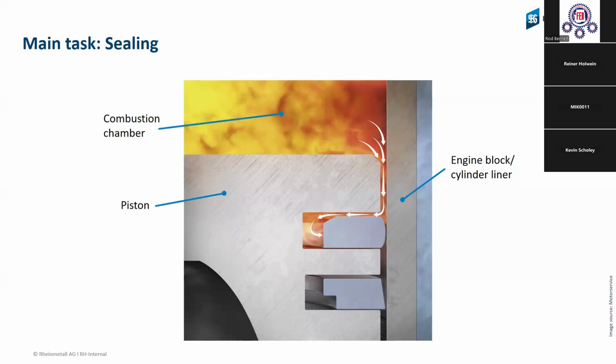And then we are losing the pressure behind the piston ring. In this case, we have only the tension of the piston ring itself in contact with the liner to give the sealing effect. And in some cases, this cannot be enough.